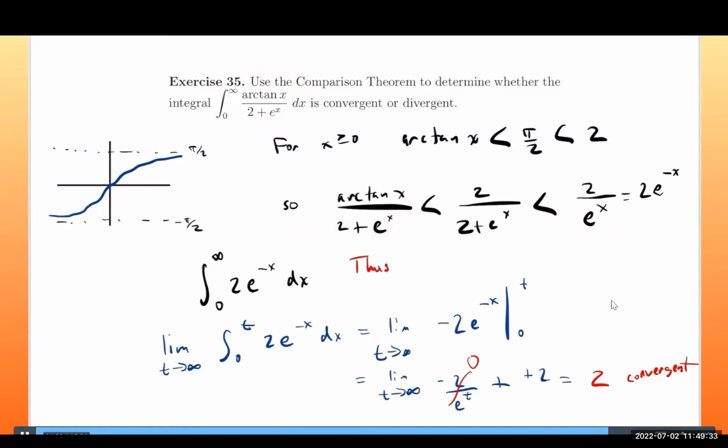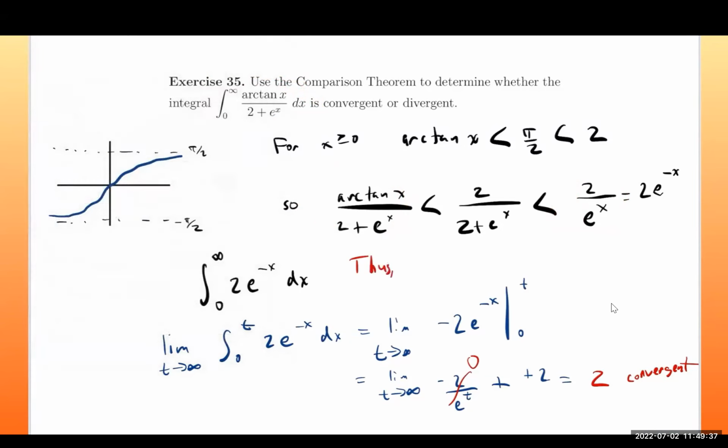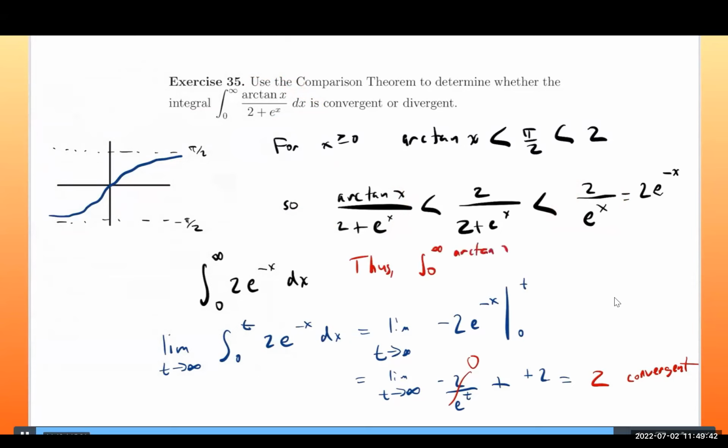Thus, the integral from 0 to infinity of arctan x over 2 plus e to the x dx is also convergent by the comparison test. And that concludes this section.